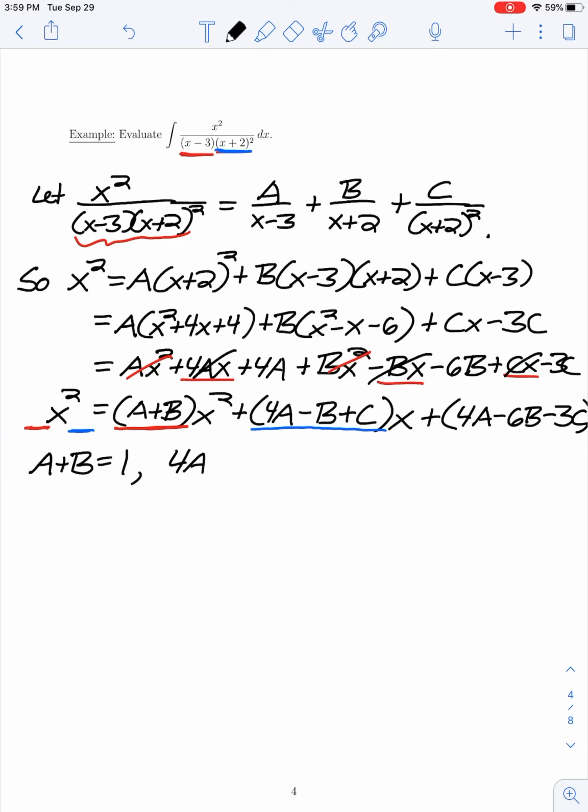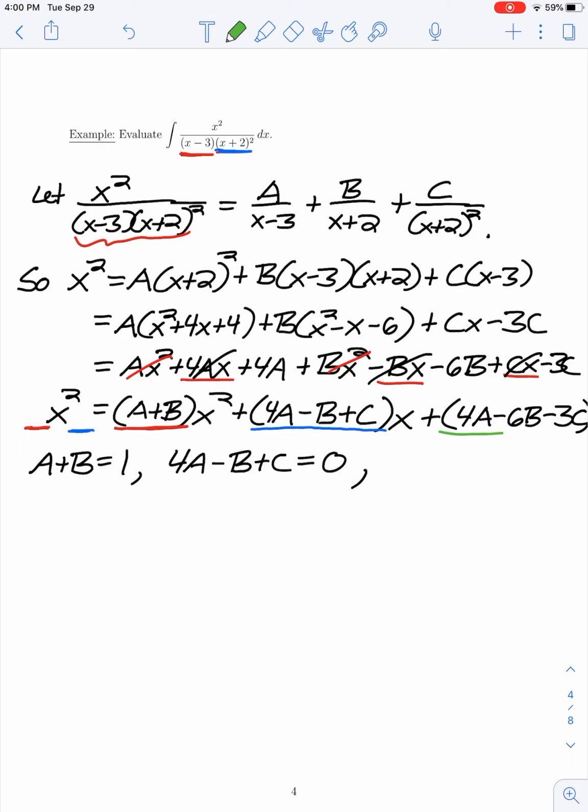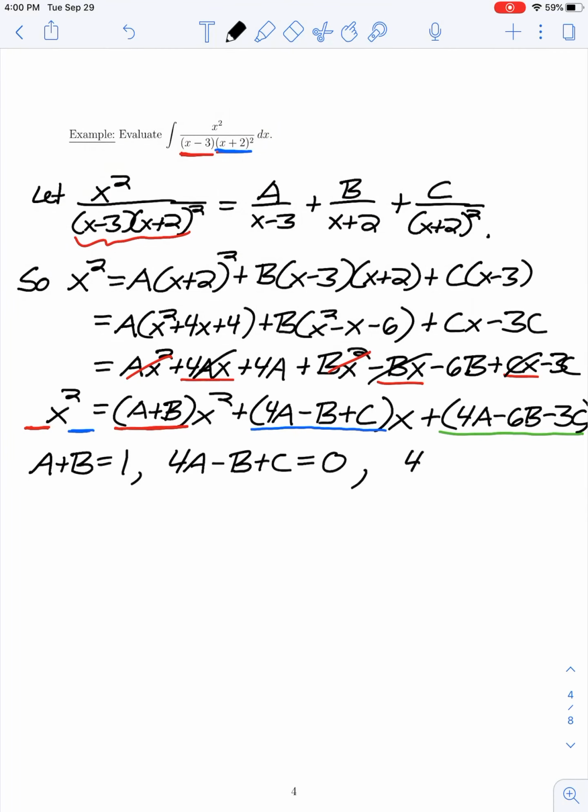So this 4a minus b plus c must equal 0 so that we don't have any x term. And similarly, our constant coefficient that we're left with, 4a minus 6b minus 3c, must equal 0 since there was no constant on the left-hand side of our equation.